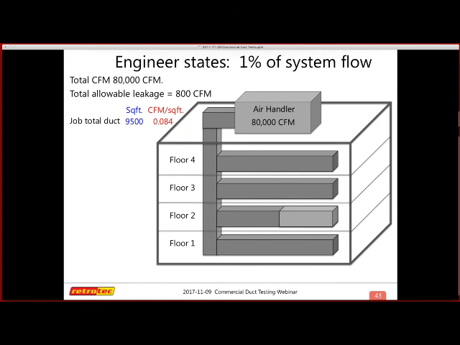The challenge is that the engineer, I'll be blunt here, can sometimes specify a leakage that actually wasn't designed into the ducts themselves. They say 1% of system flow, but that's actually not achievable. I've worked with many sites where people said it's so tight that we really struggle to achieve a passing result, and they had to go back to the engineer and say, look, everything is covered in mastic.